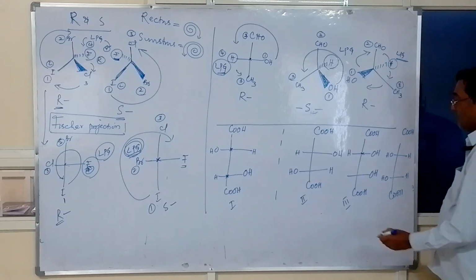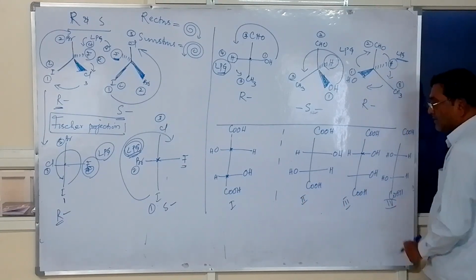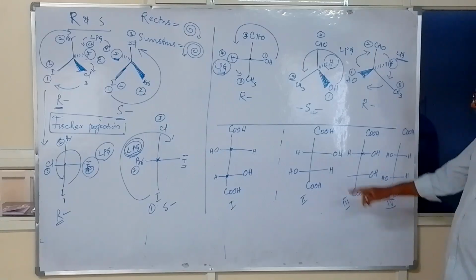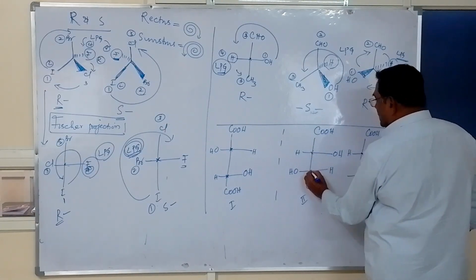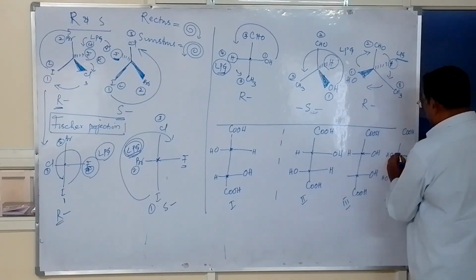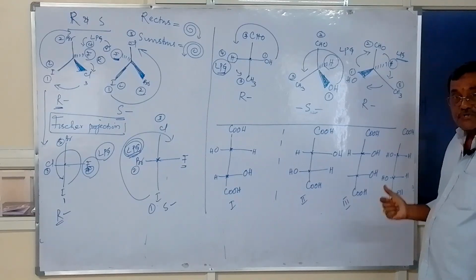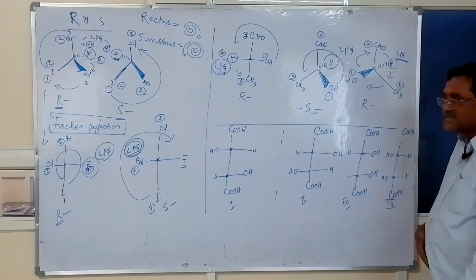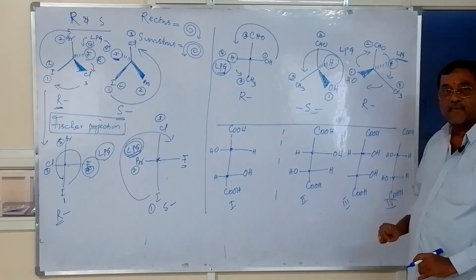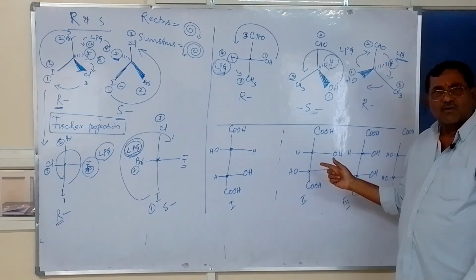So children, 1, 2, 3, 4. Because there are two chiral centers, you can write down R and S, that you can do. But I will discuss with you enantiomers and diastereomers, enantiomers as well as diastereomers. Okay, we will do that in the next session.